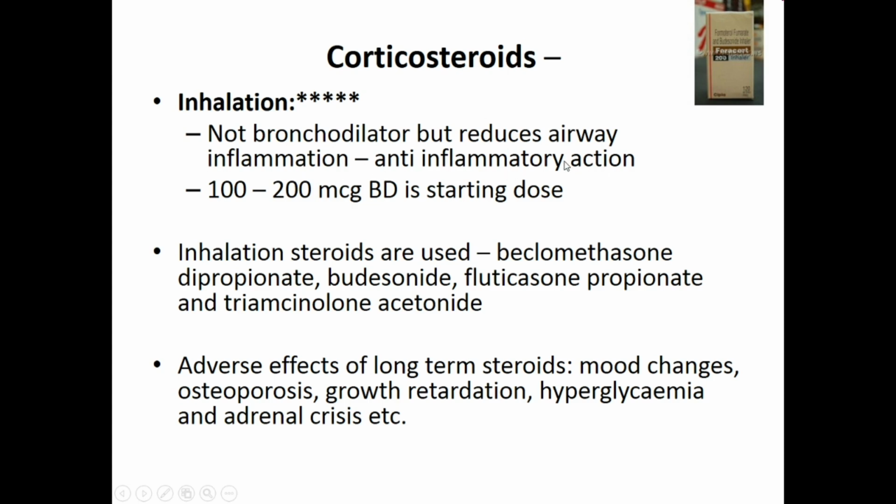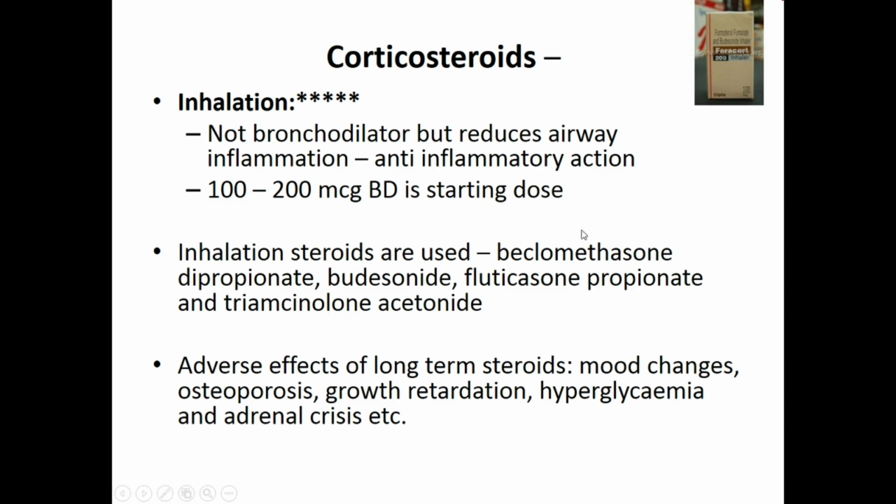They've got anti-inflammatory action. Now, if you're talking about inhaled corticosteroids, you cannot mention all the corticosteroids because only some are used as inhalers, like beclomethasone, budesonide, fluticasone, and triamcinolone.